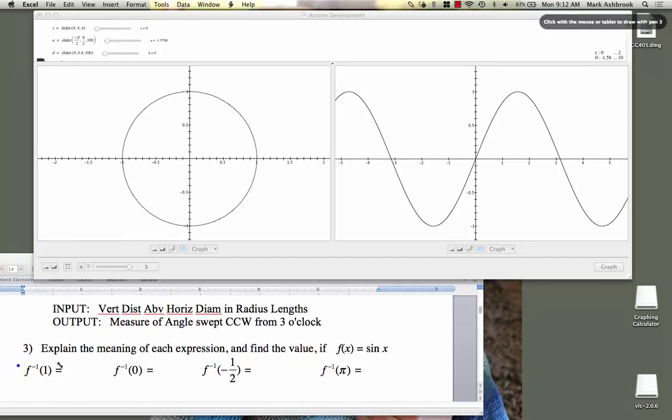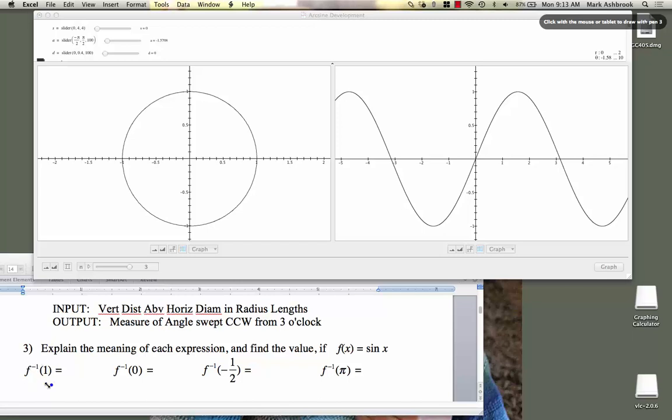What's the meaning of f inverse of 1? What is the meaning of that? What do you think? Yeah, Jed? F inverse of 1 means that when the vertical distance above the horizontal diameter is 1, it's the measure of the angles that count clockwise.